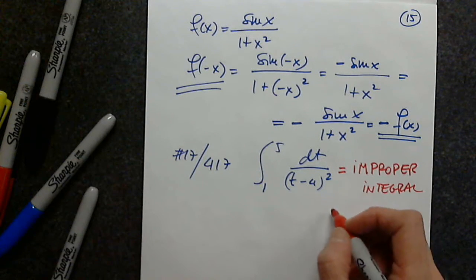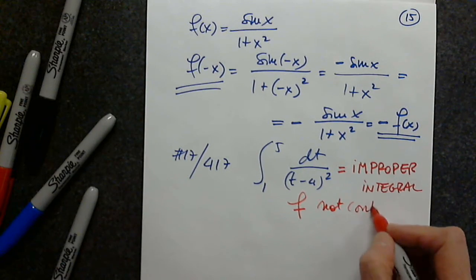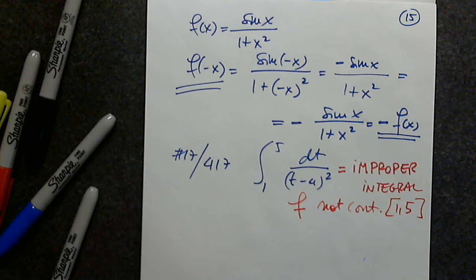Exactly. Because the function f is not continuous on 1 comma 5. When the function is not continuous on 1 comma 5, this is an improper integral. So we cannot use the fundamental theorem of calculus. Yes, we cannot.